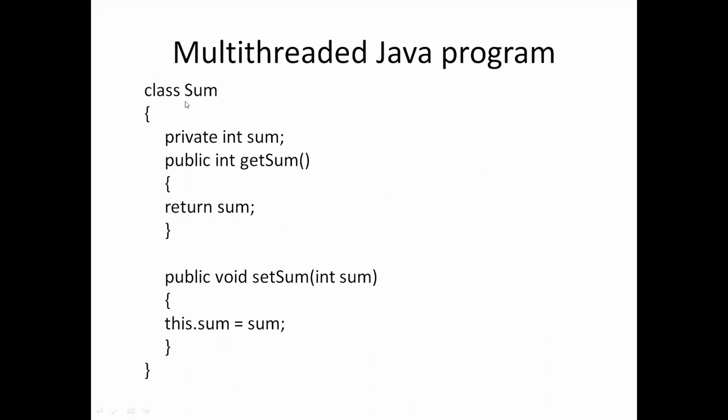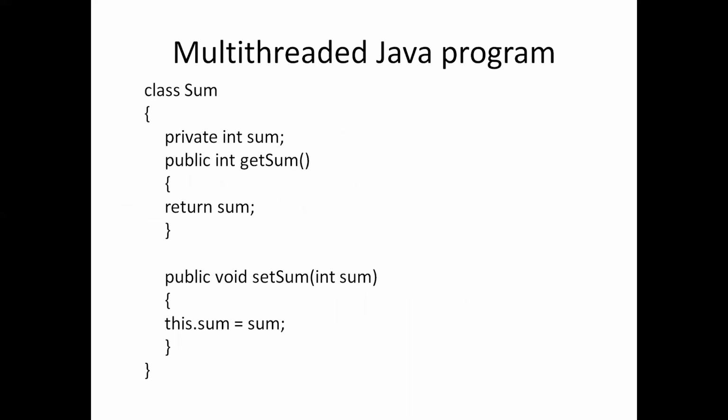Sum class. You can see here that while naming a class, we always use a capital letter. We can declare a class using a small letter also, but the Java community follows a naming convention that class names start with capital letters, and method names start with lowercase letters.